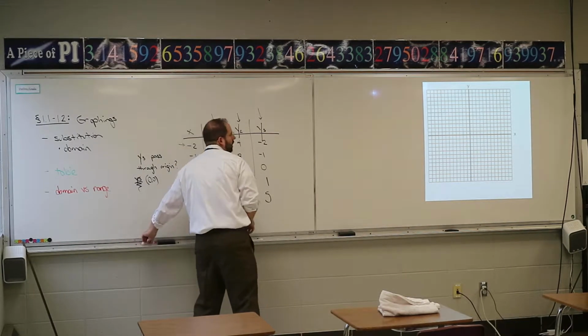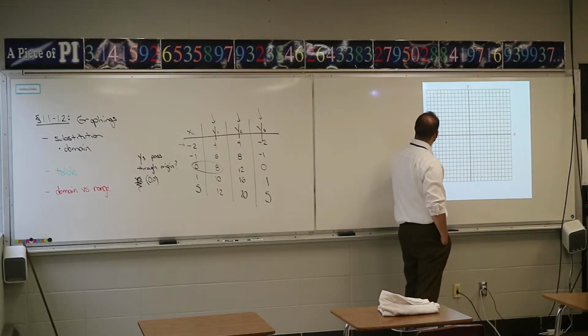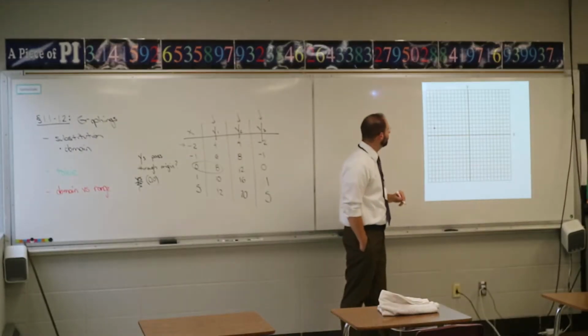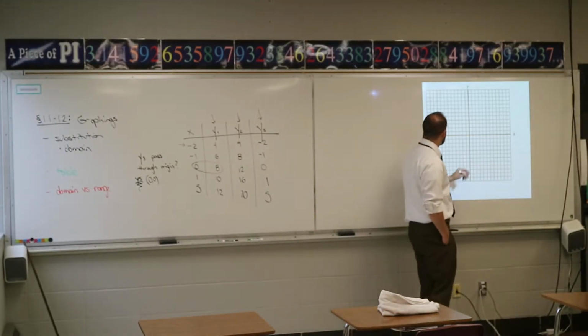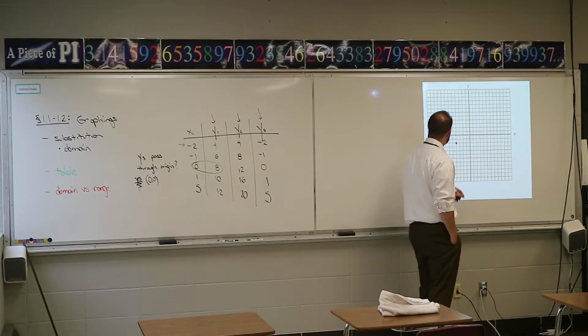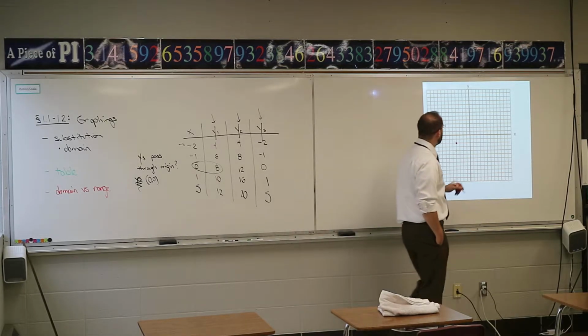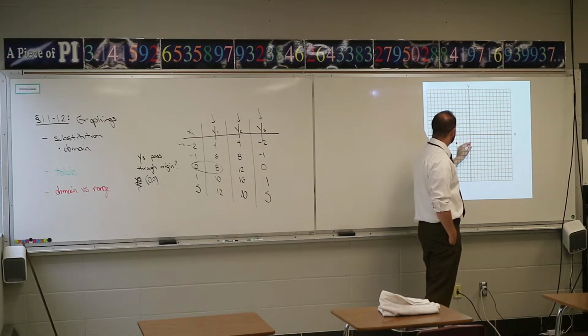Okay, so the first coordinate. Let's go -10, +2. Put it out there, -10, +2. Let's put a coordinate at -4, -2. Go 0, -2.